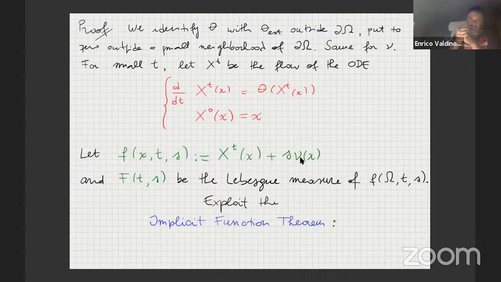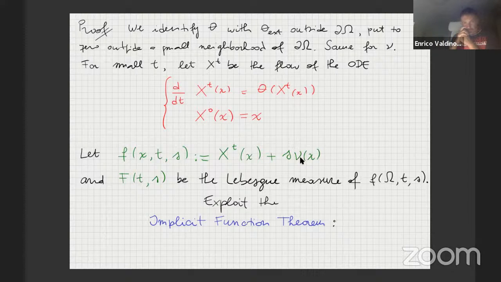Okay, so it's a dirty trick, but it's something that we cannot really avoid, because since the vector field was defined only around the boundary of omega, I don't think there is any way to avoid a trick like that, because it's somehow arbitrary the way we extended theta outside omega.